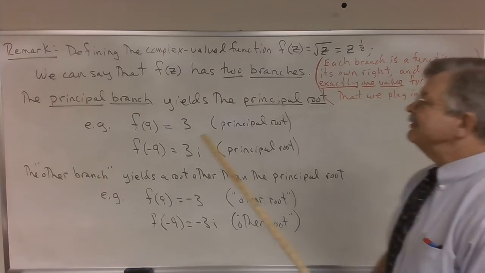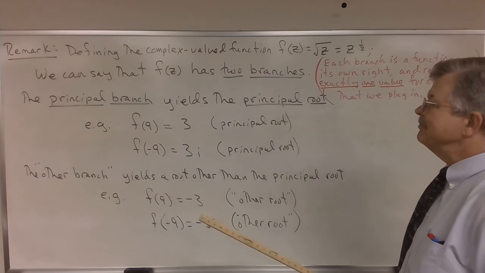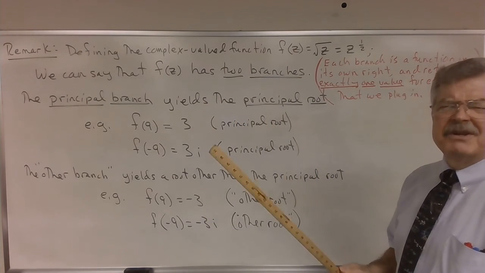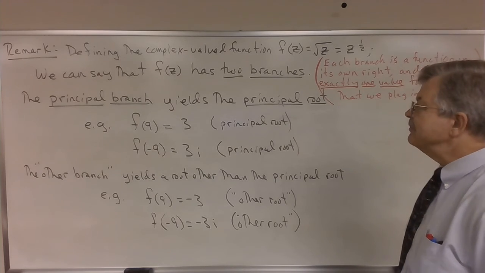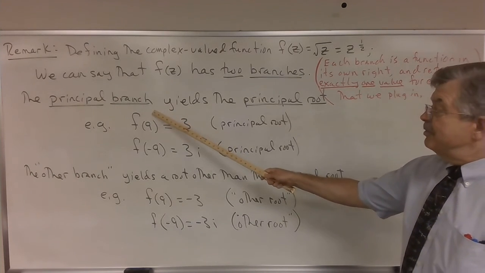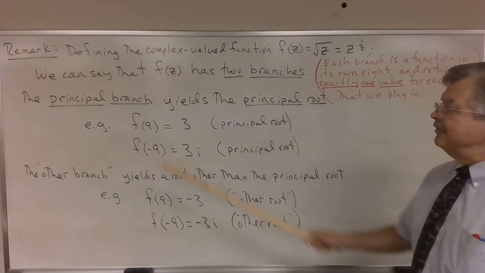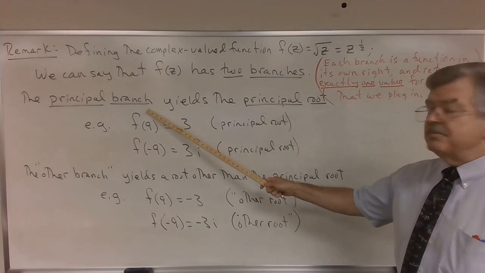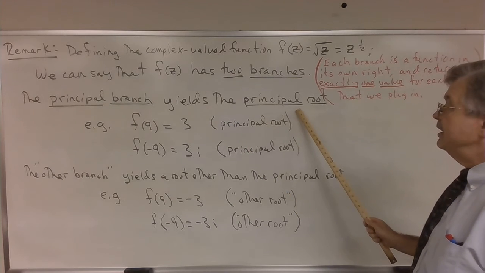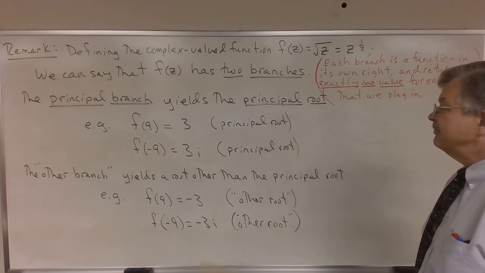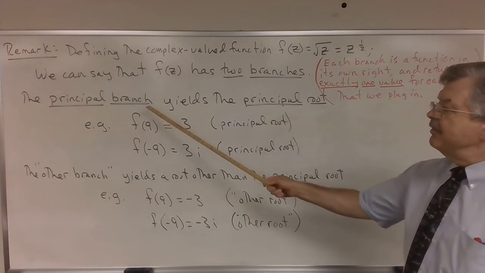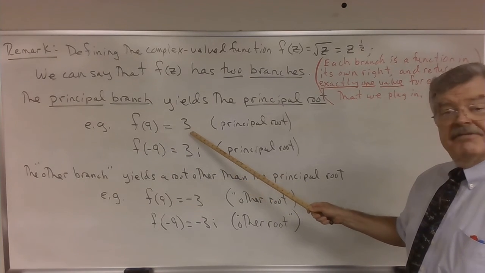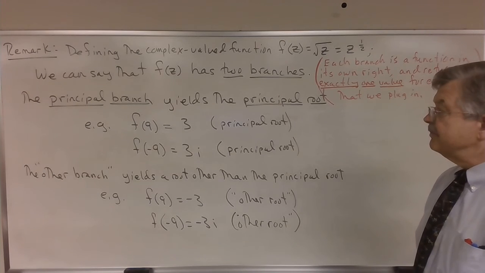So the complex function f of z is actually made up of two branches, each of which is a function in its own right. The principal branch, and this is a term that we will use for such functions, yields the principal root. So the principal branch, when we plug in 9, will give us 3, the positive root.